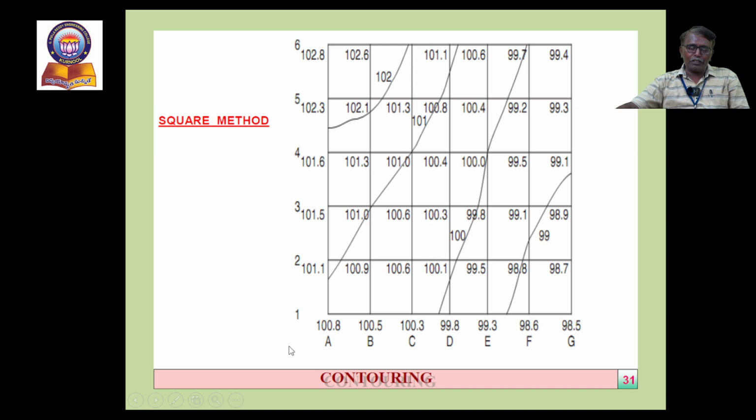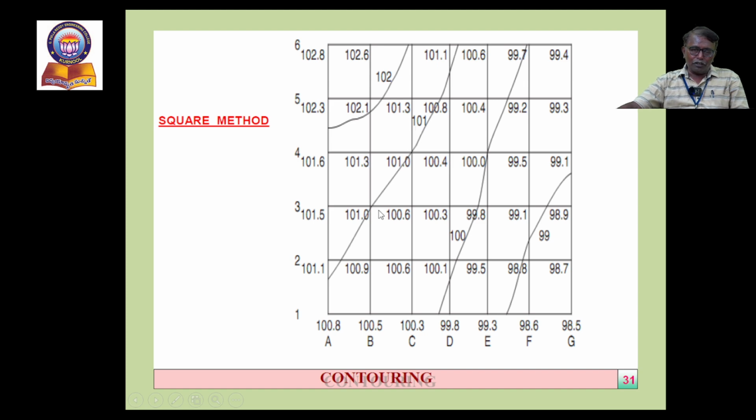So field work is very easy, and map work requires some calculations. But here again you can see the spot levels 101.1 and 100.9. So in between them 101 is there. It may be at the middle, because only 0.2 is the difference in 10 meters. So at the middle of it, you can get it.